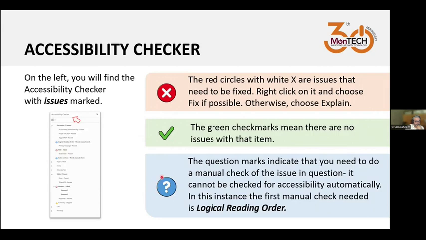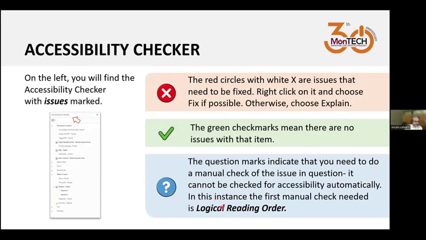And you can see maybe a couple of the blue circle with the question mark. This one means that the accessibility checker cannot check for these items, and you have to do it manually.